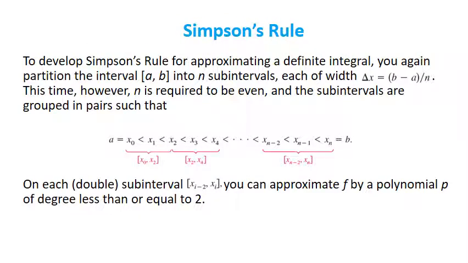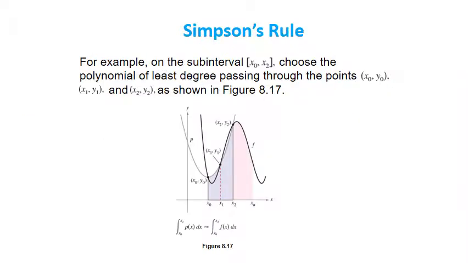One thing to pay attention to is that in Simpson's rule, n must be even. So whatever the different partitions are, it has to be an even number in order to apply Simpson's rule. Here is just a little example.